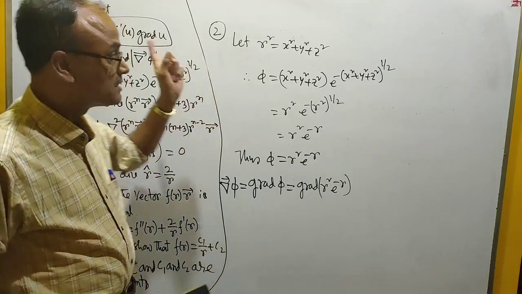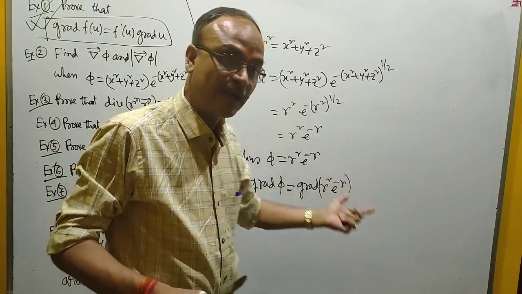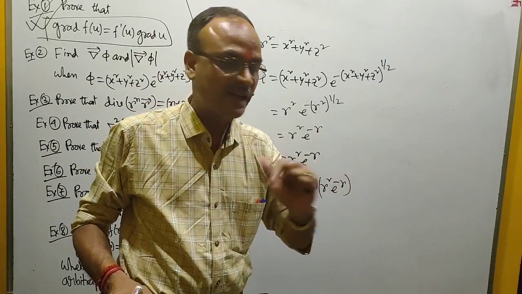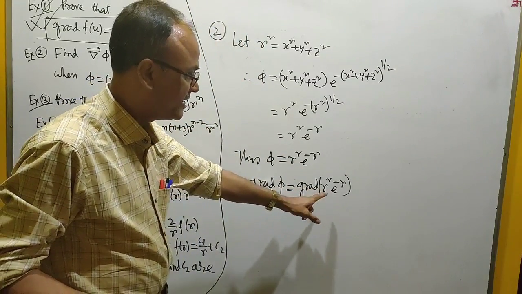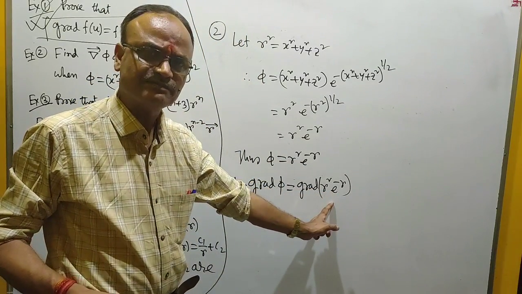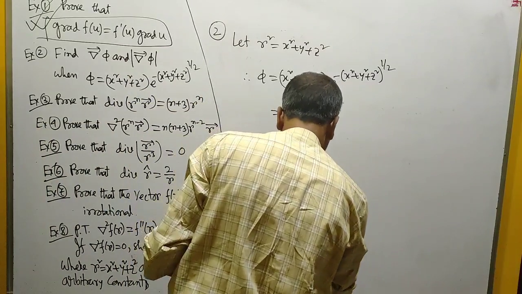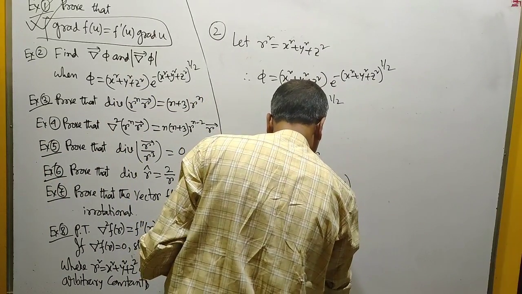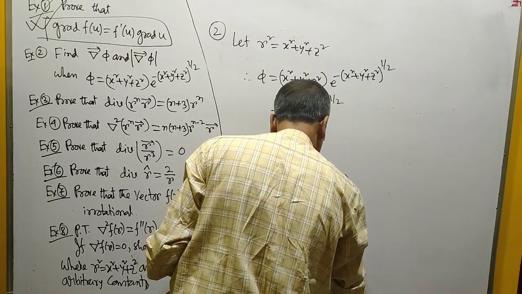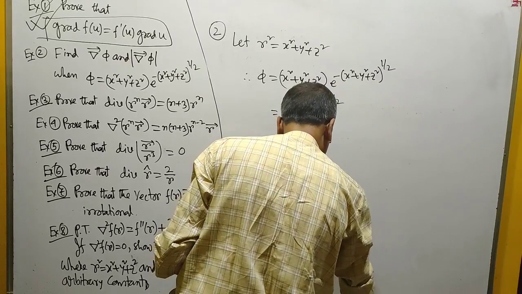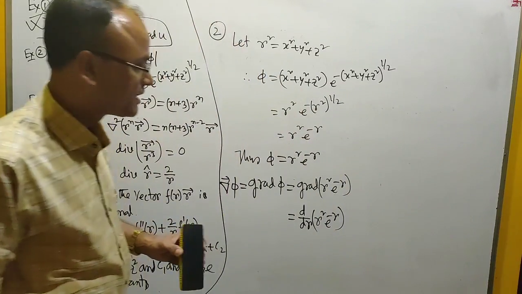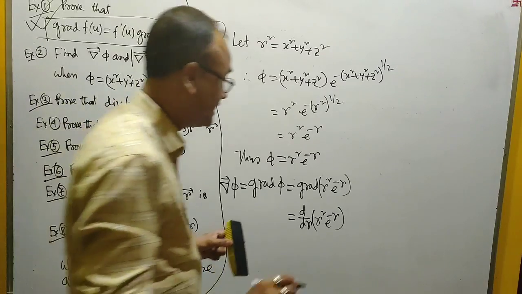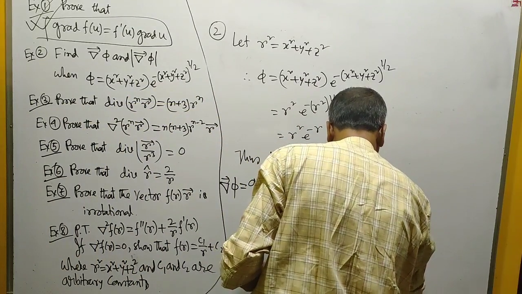Just apply number 1: gradient of f(u) equals f'(u) gradient of u. Gradient of a function of r will be d/dr of r² e to the power minus r into gradient of r.